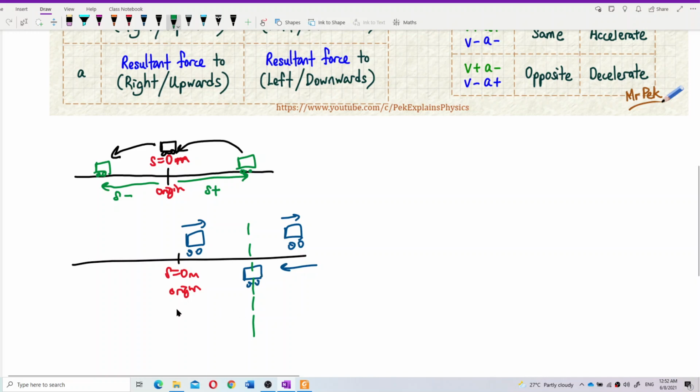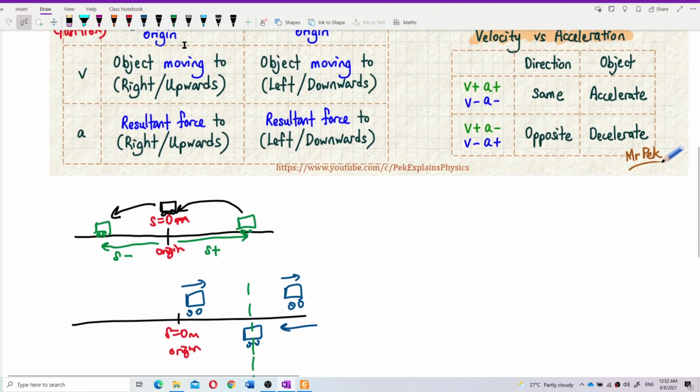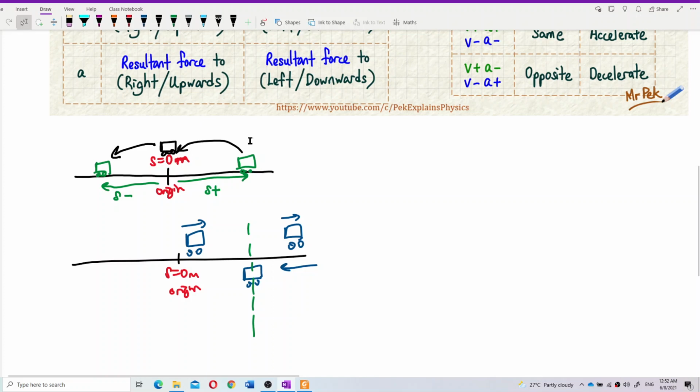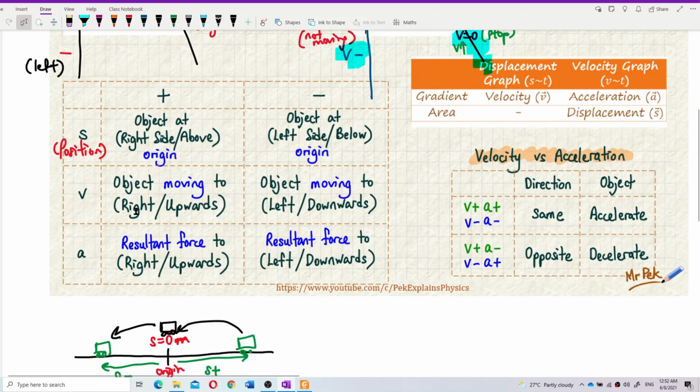No. About the motion moving to the right and moving to the left, that's more to velocity, the direction of the motion. When we talk about the motion, we use velocity. Velocity moving to the right or upwards is positive.